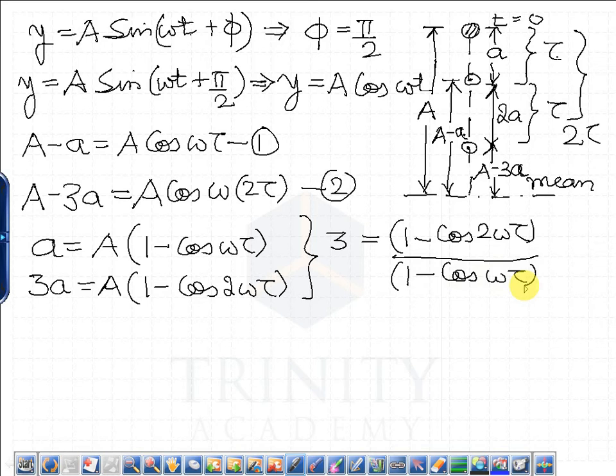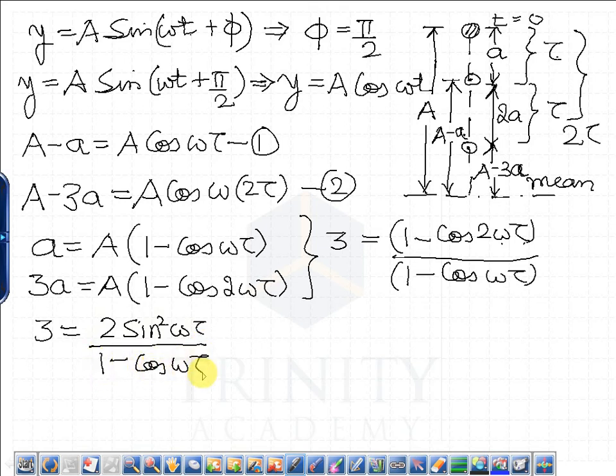We know that omega tau can be considered as theta, so it is 1 minus cos 2 theta divided by 1 minus cos theta. So that can be written as 3 is equal to, 1 minus cos 2 theta can be written as 2 sine square theta. So here I can write 2 sine square omega tau divided by 1 minus cos omega tau.